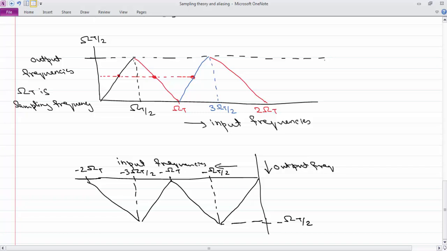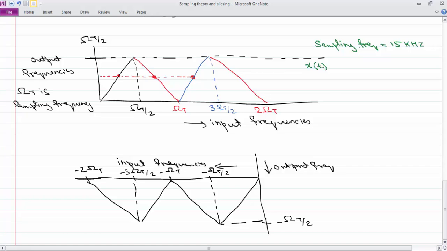So we can take examples of some simple cases to clarify this. Let's take the example of sampling frequency equals 15 kilohertz. And let's say my input signal goes through just an analog to discrete, and then I do discrete to analog again, right?